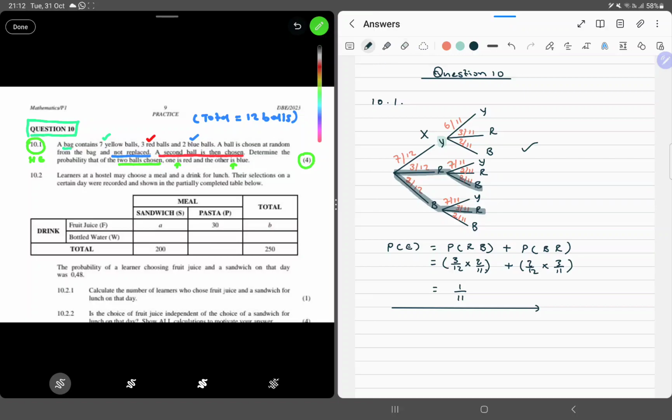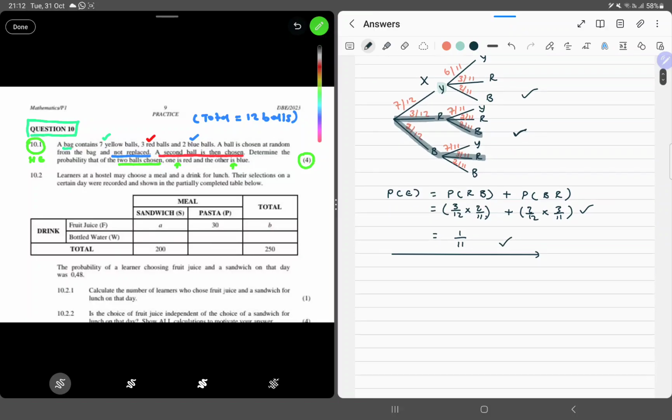The tree diagram is the first mark, and adding those probabilities in each arm, of course it's complicated, but who cares, you're getting your second mark. The third mark is actually on these substitutions over here, and the fourth mark is the answer.